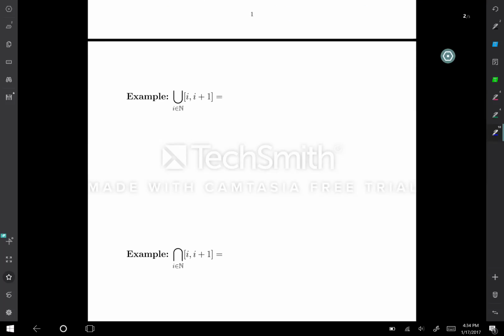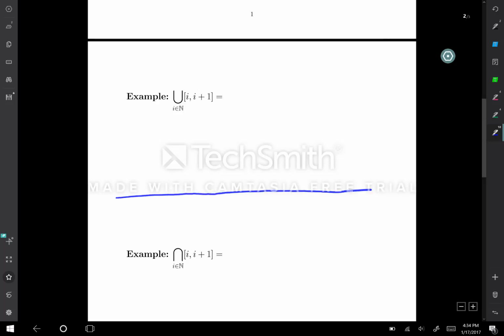Let's consider the union over our index set of natural numbers of the interval from i to i plus 1. So, what would this look like in terms of what's on a number line? Our natural numbers, if you recall, start with 1, 2, 3, 4, 5, and so on.